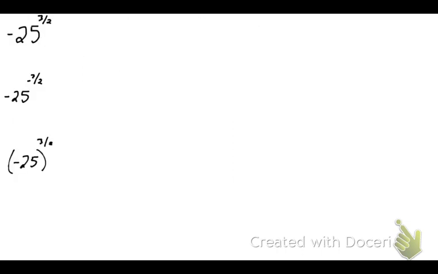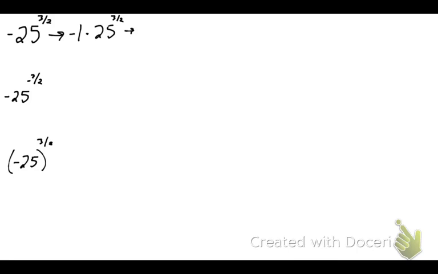Here we have a bunch of negative 25s and a variety of 3 halves for exponents. And the first, it's negative 25 to the 3 halves. So the thing you have to remember is this means negative 1 times 25 to the 3 halves power.